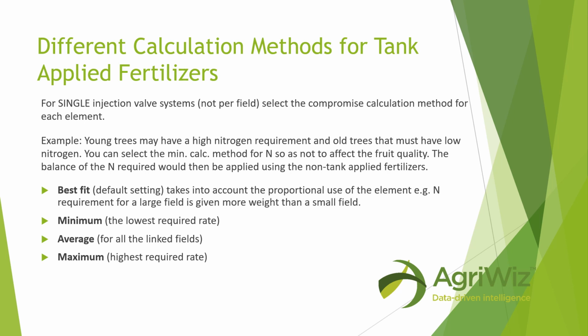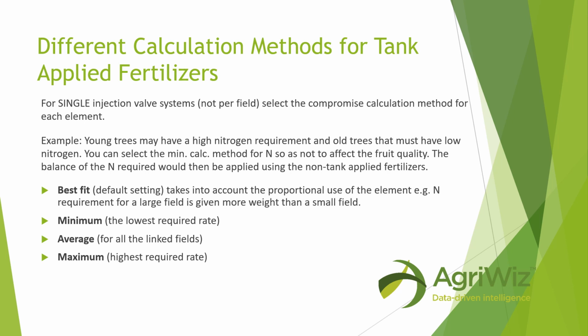For example, you may have a block with young trees that have a high nitrogen requirement and another block with old trees that must have low nitrogen. You can then select the minimum calculation method for nitrogen so as not to affect the fruit quality. The balance of the nitrogen required by the young trees would then be applied using non-tank applied fertilizers.